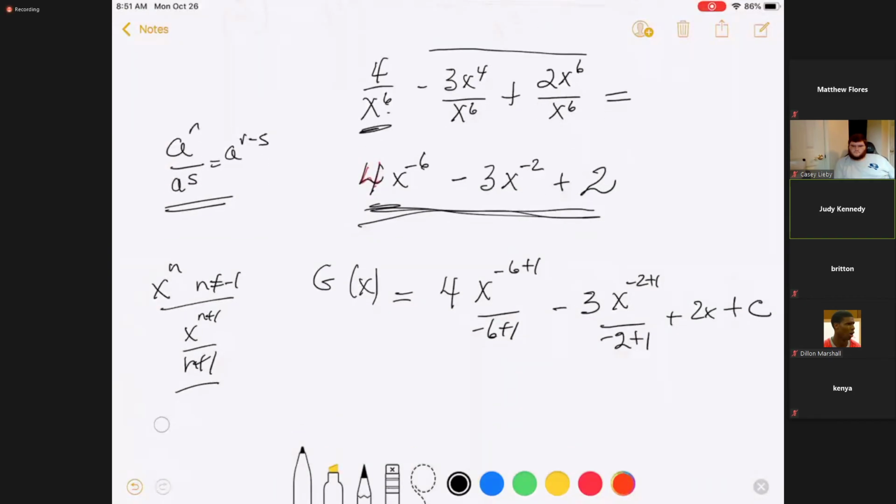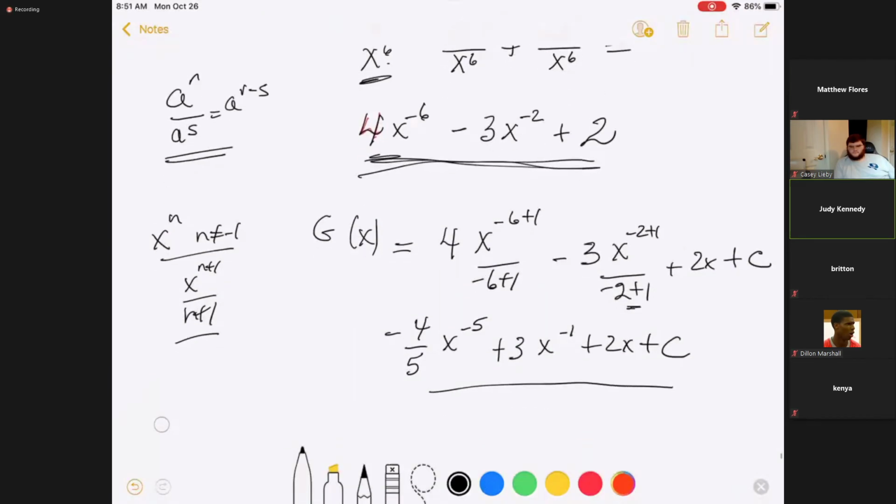So the minus 4 over 5. That's minus 1 there. So minus 1 divided by minus 3 is plus 3. Okay, so minus 4/5 x to the minus 5th plus 3x to the minus 1 plus 2x plus c.